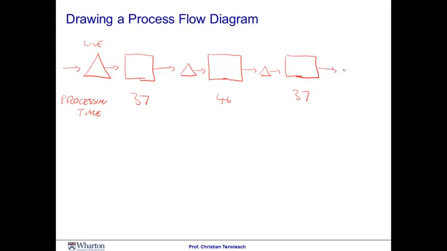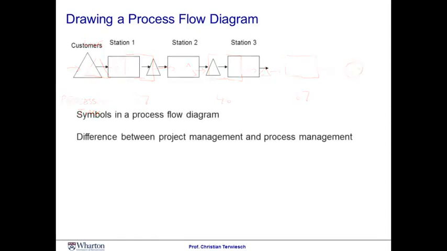Finally, the customer is served and can happily leave the restaurant. Now, I've redrawn this process flow diagram here in PowerPoint to get rid of my ugly handwriting. Just to reiterate the symbols, a triangle stands for flow units waiting, arrows capture the flow of the flow units, and boxes capture the resources that are carrying out the activities in the process flow.